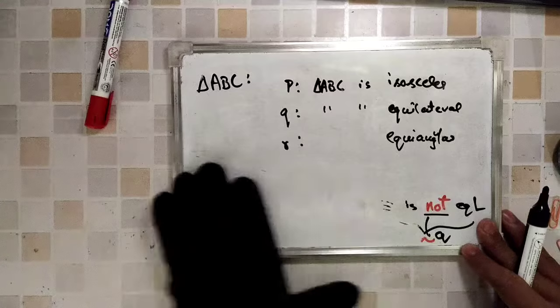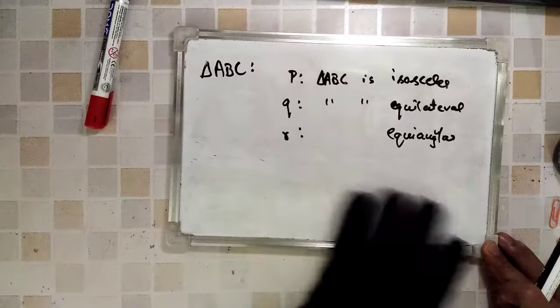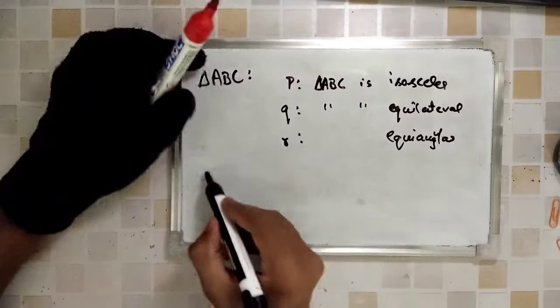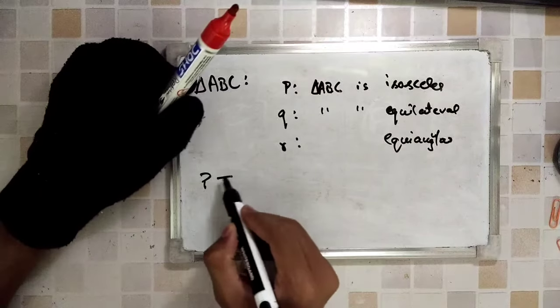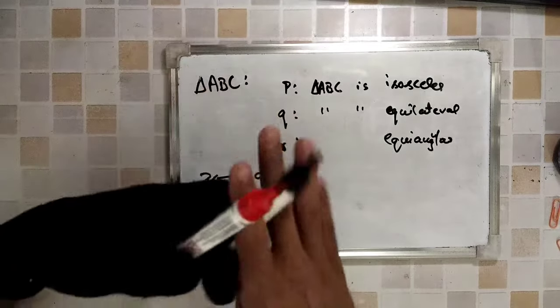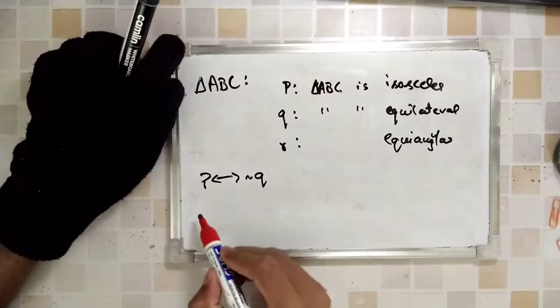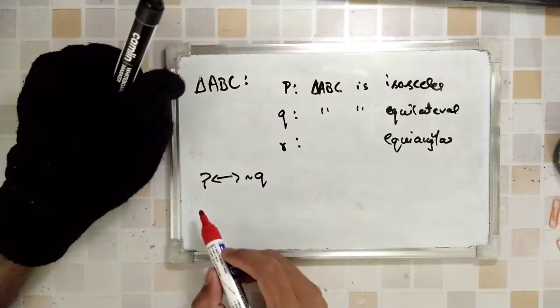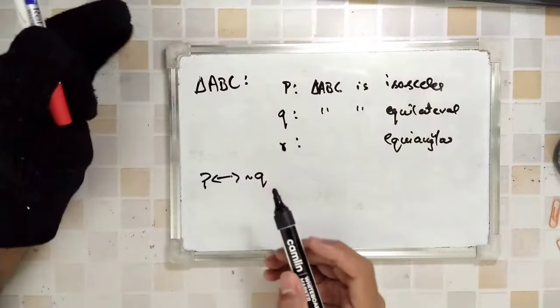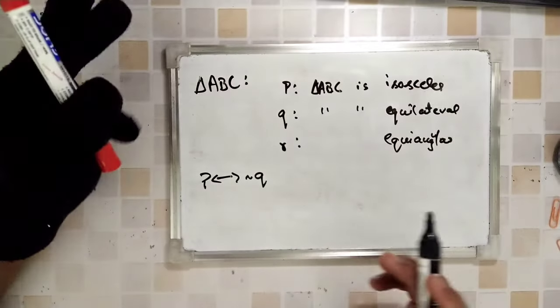Okay, so we have used almost all the conditions, but one thing remained, and that is the biconditional. P if and only if negation Q. This is also very simple. First we will write P. Here don't start writing with if, here it is if and only if.